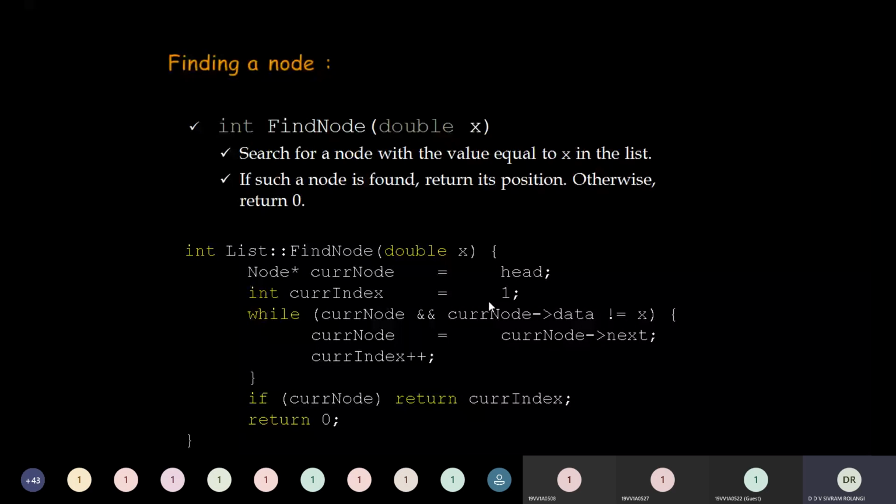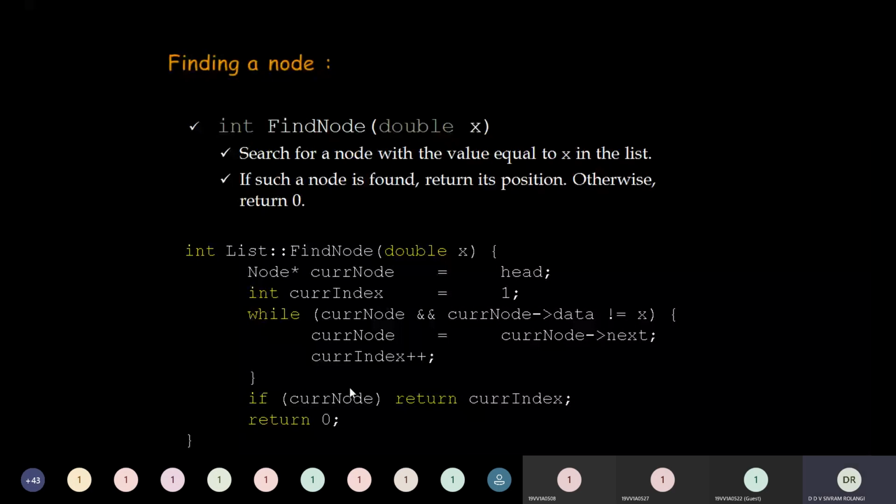Current node is initially head, so we have to start from the head node. While current node is not null and the current node data is not equal to x, current node equals current node next. Keep on moving to the next node by following the next pointers, and while moving on, we simply increment the current index.